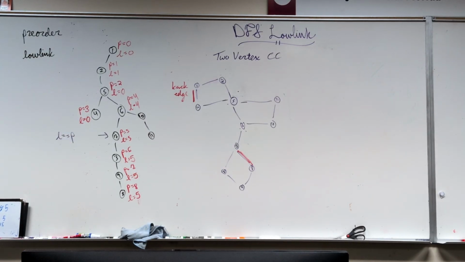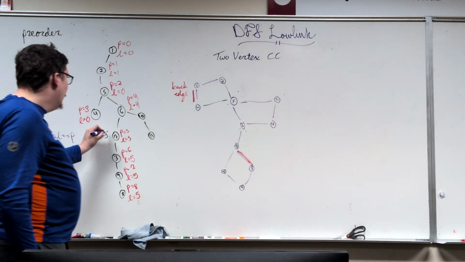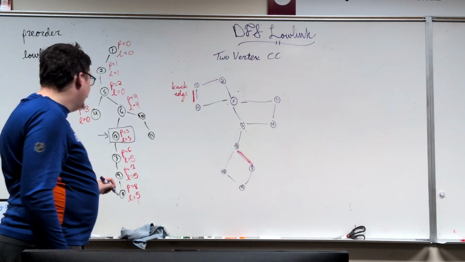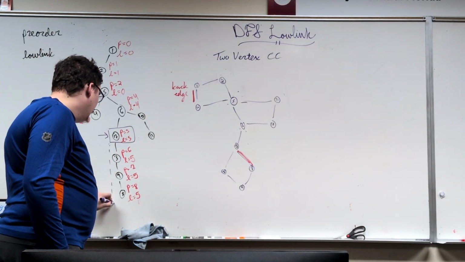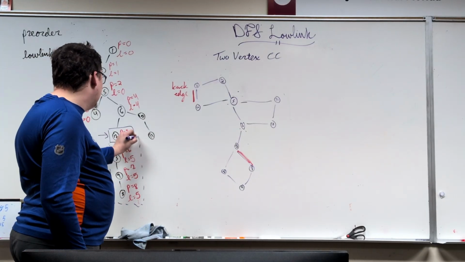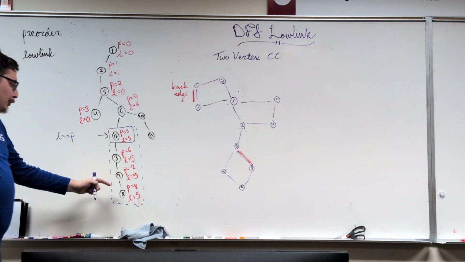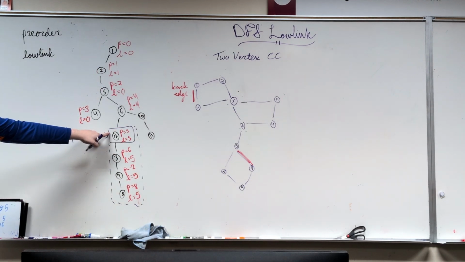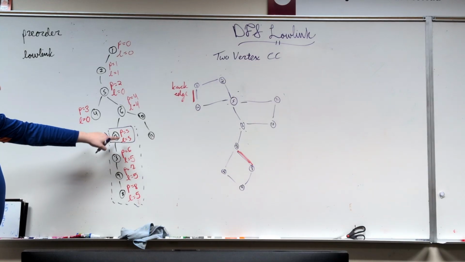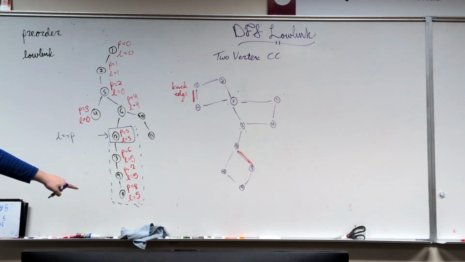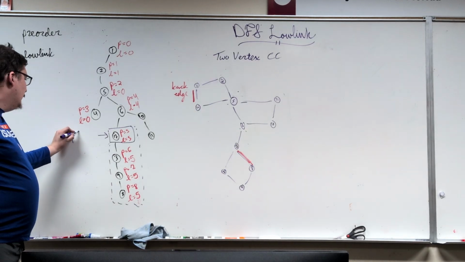This is a very special case because what we have just found is that no node in 7's subtree can escape past 7. The highest pre-order we can reach is 5. Therefore, 7 blocks everything from reaching a higher value, which means that 7 is an articulation point.